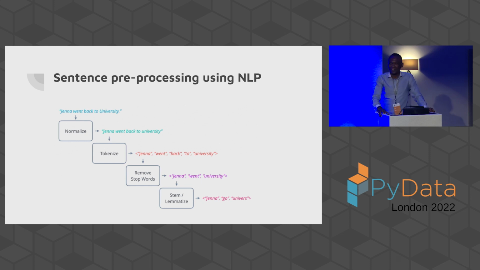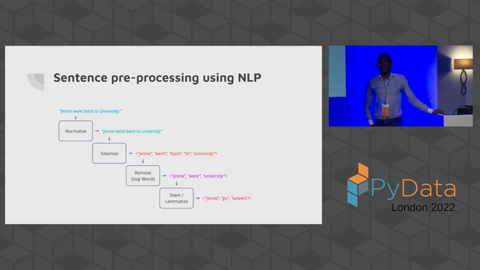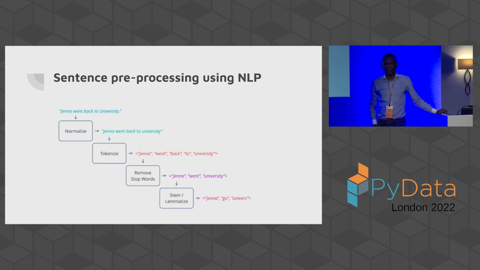Any other questions? Can you say again what normalization is for you? Normalization, I guess for me, would mean getting rid of those things you get if you pull something from the internet, like those anchor tags and all that stuff.